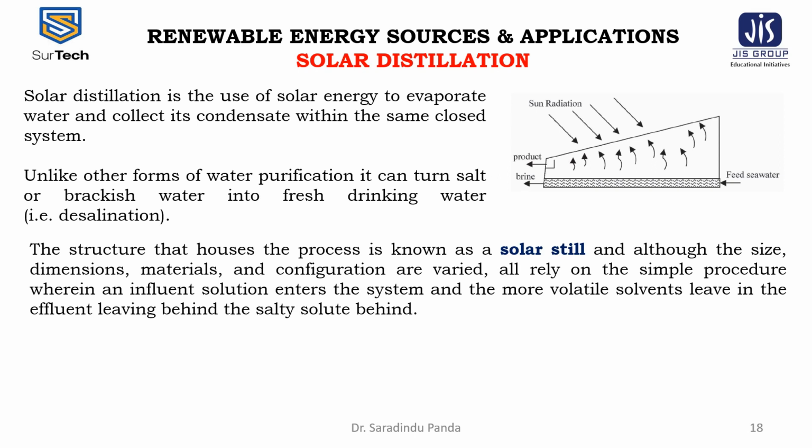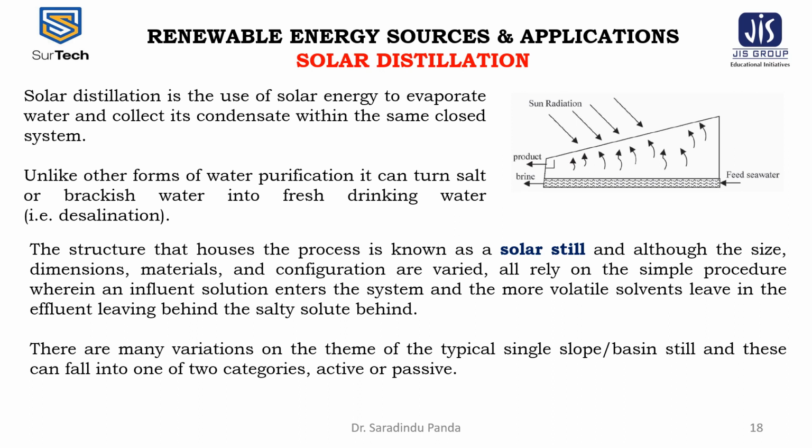The structure that houses the process is known as a solar still, and although the size, dimensions, materials and configuration are varied, all rely on the simple procedure wherein an influent solution enters the system and the more volatile solvents leave in the effluent, leaving the salty solute behind.